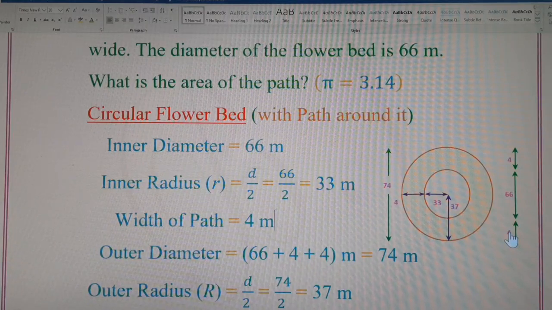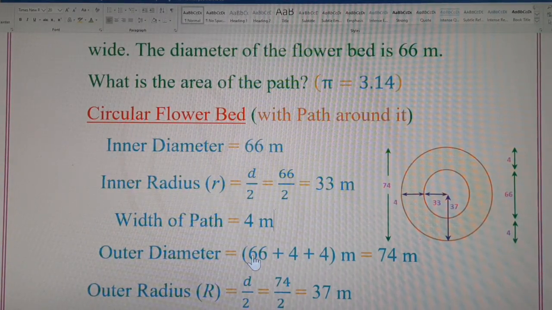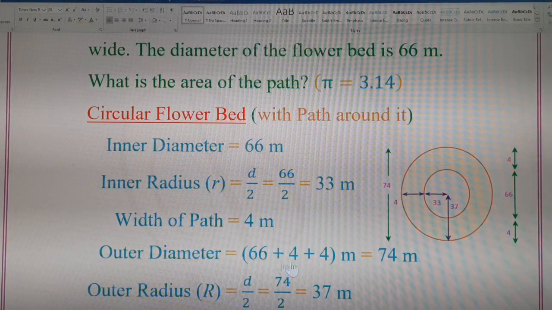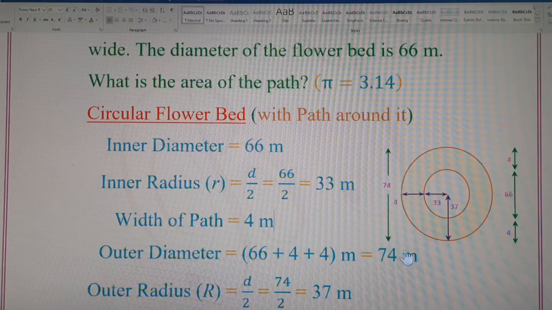That is inner diameter plus 4 plus 4. We add 2 times because on either side the path is there. So the diameter length will be 74 meter.